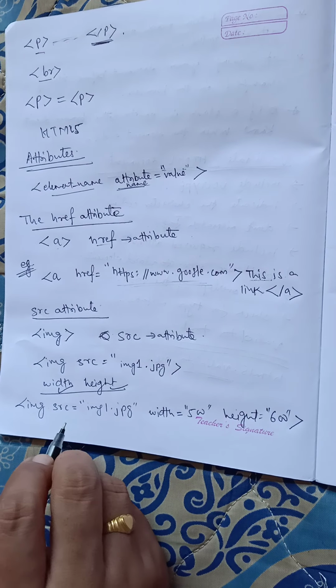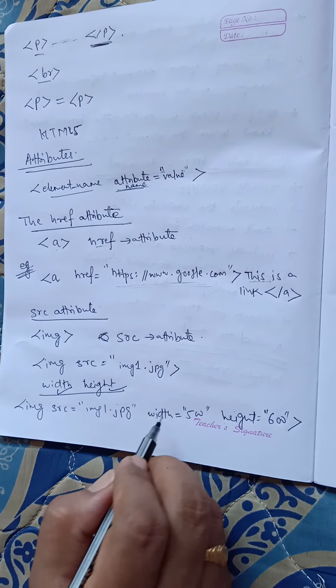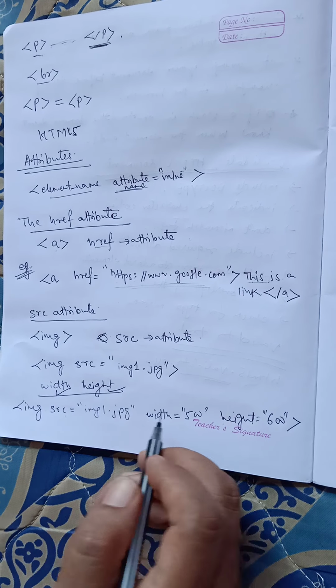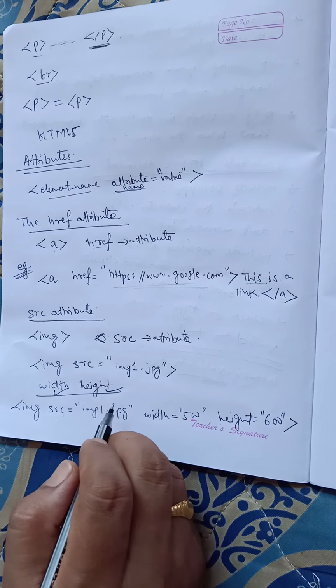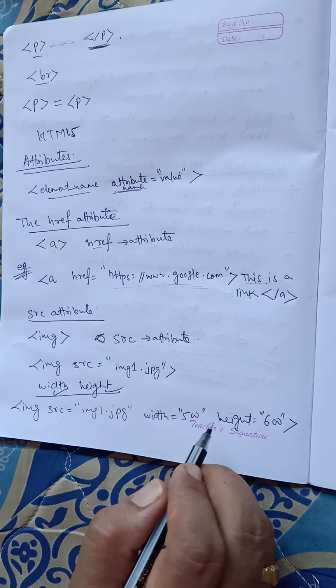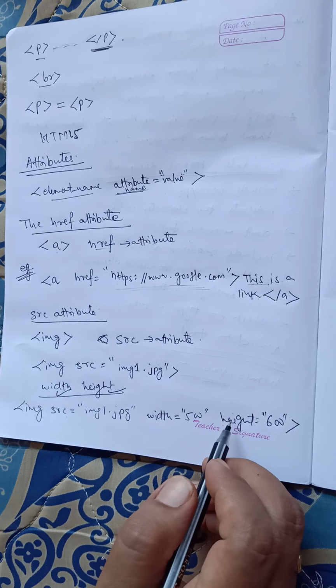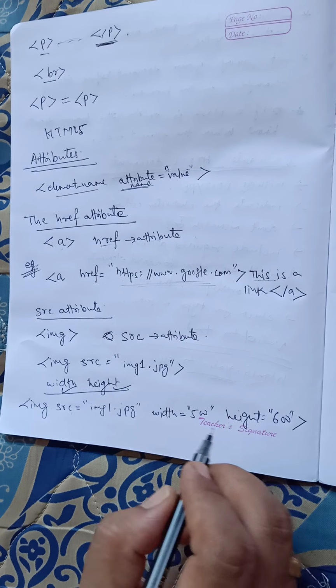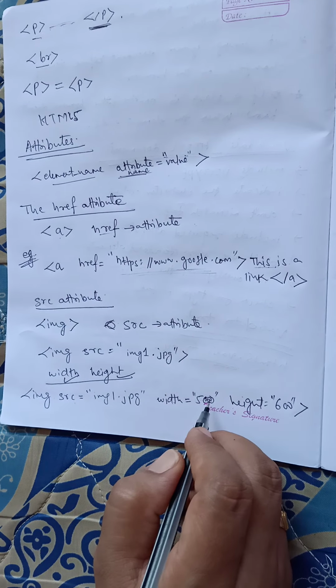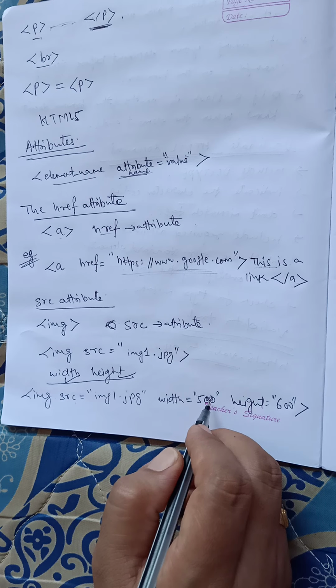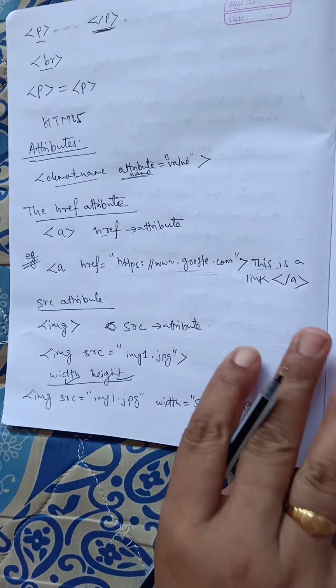Here I can write anything. I can write width and height first, and after that I can write SRC source. That doesn't matter, which we have already discussed. Here the width and height are in pixels by default. So here 500 means 500 pixels wide. We'll be learning more later.